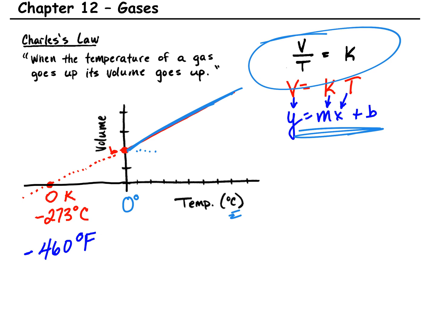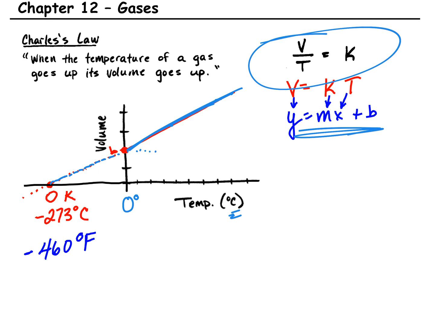Now, remember that you can go below 0 in Celsius. So if we extrapolated, that is, stretch this line down to when it hits the axis, we are going to at some point have 0 volume, and the corresponding temperature then would be what we call absolute 0. All right, so that's how we arrive at absolute zero, the coldest anything can get.